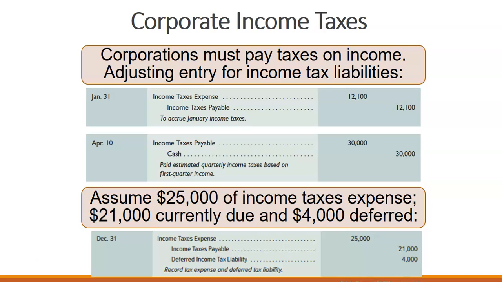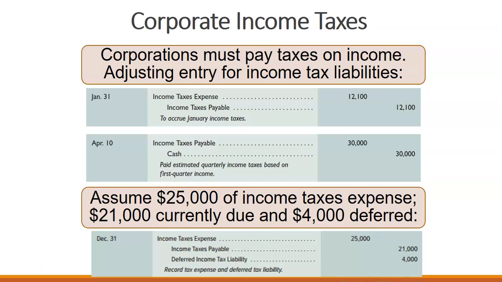If we're paying estimated income tax, it is because a tax accountant has looked at what our potential liability for taxes is, and they give us an estimate that we pay on a quarterly basis.